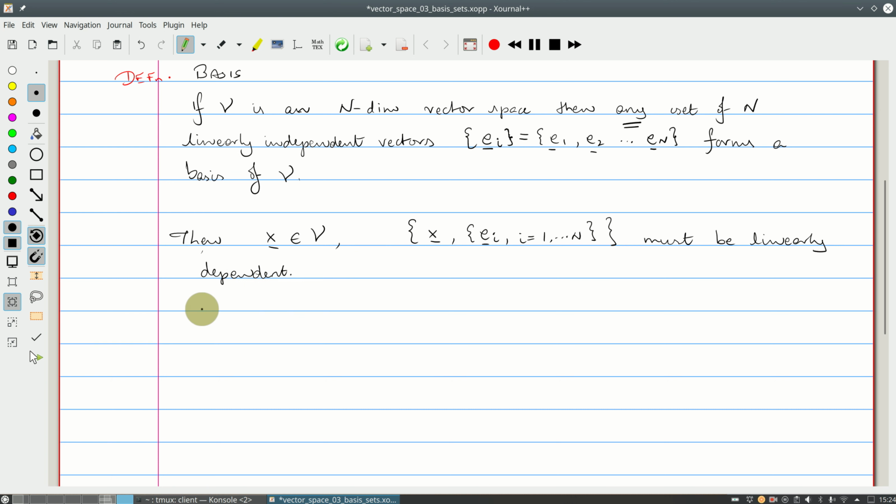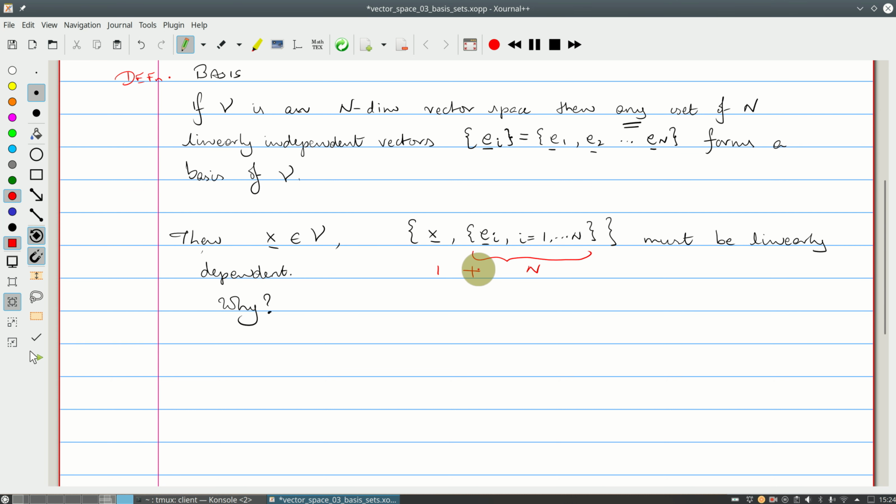Now why? This is the point in time when if I was teaching in real life, I would be asking one of you or someone in the class, why should this be linearly dependent? So think about it. This set here consists of n vectors, and this is one more vector.